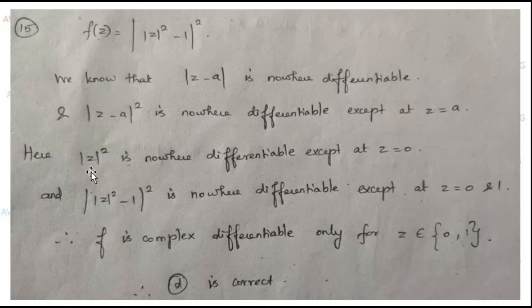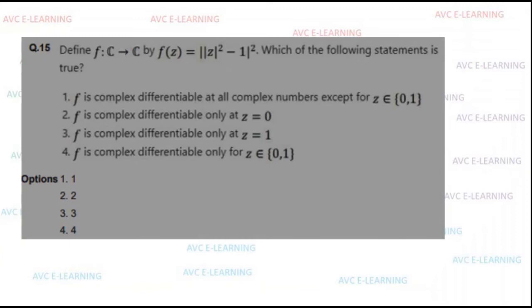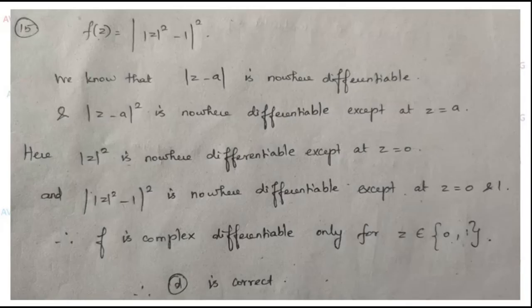Therefore the given function f is complex differentiable only for z belongs to {0, 1}. So for this question, option D is correct.